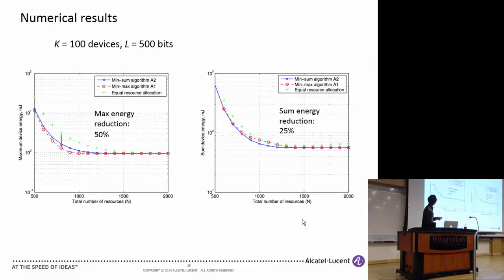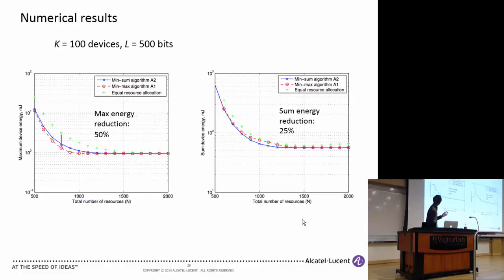Each one wants to communicate 500 bits. If we have some baseline algorithm, which is some, say, naive algorithm, which does equal resource allocation to the 100 devices. So let's say you have 1,000 resources, allocate 10 resources for each of the users, and then figure out the energy required to communicate with 500 bits using 10 resources.